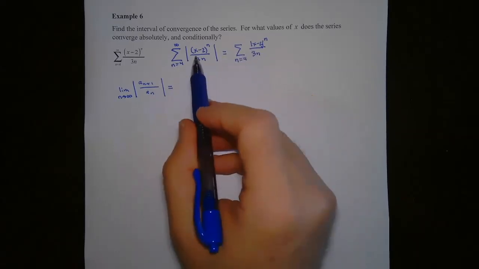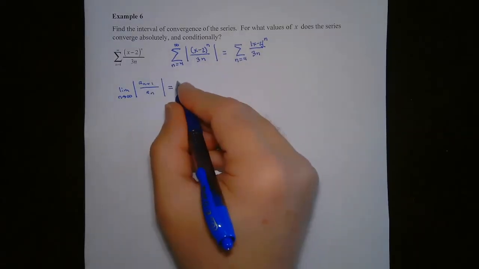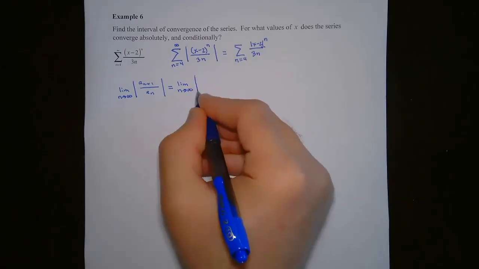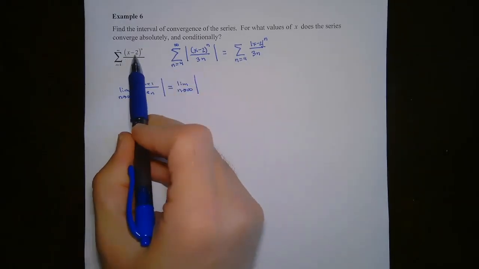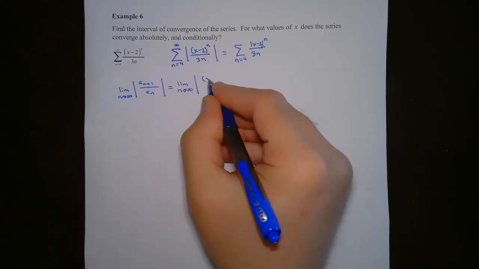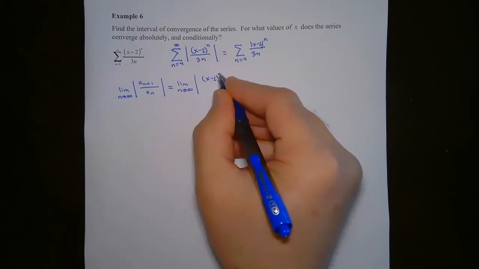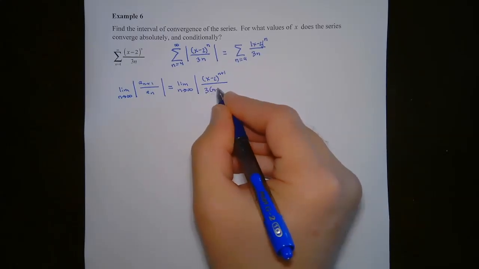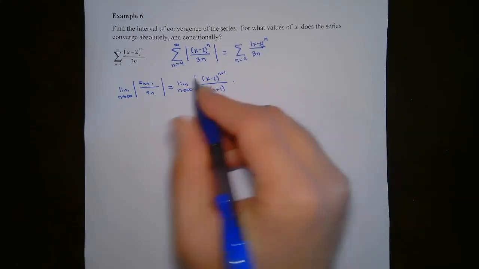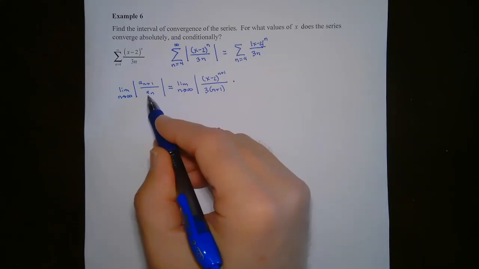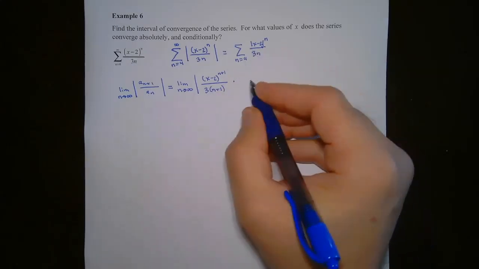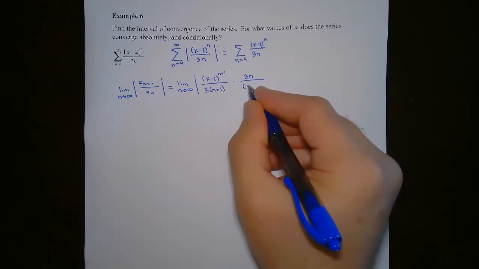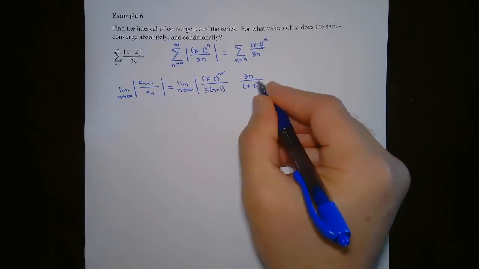So this is going to be the limit as n approaches infinity of the absolute value of x minus 2 raised to the n plus 1 over 3 times n plus 1, times, since we're dividing by a sub n, which is the same as multiplying by the reciprocal, 3n over x minus 2 to the n.